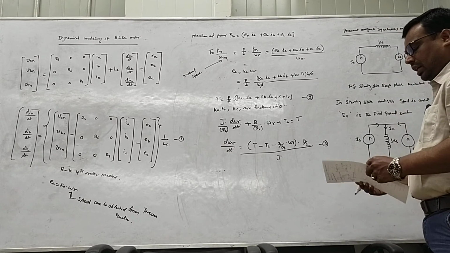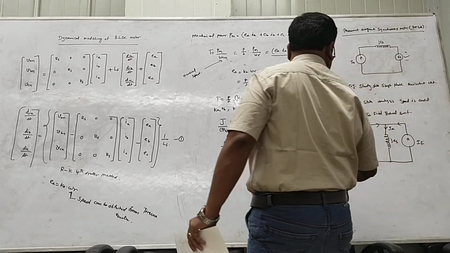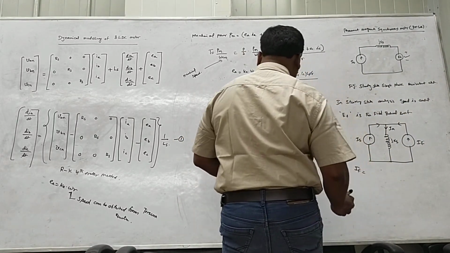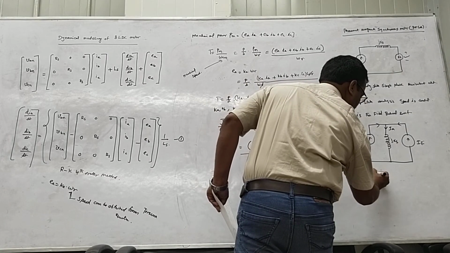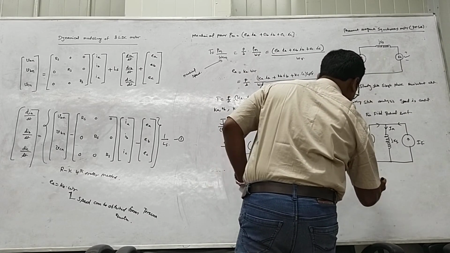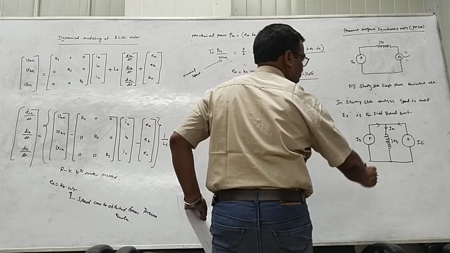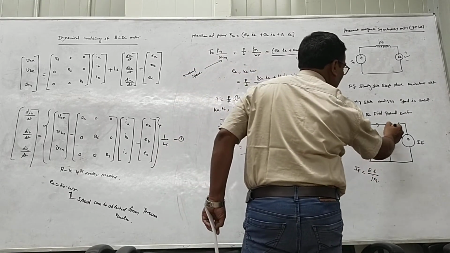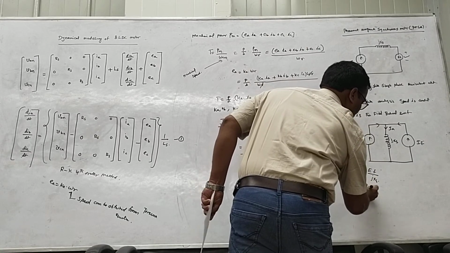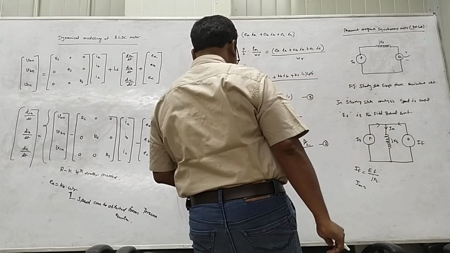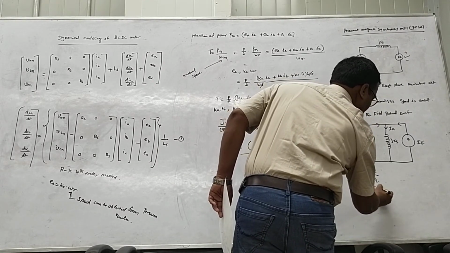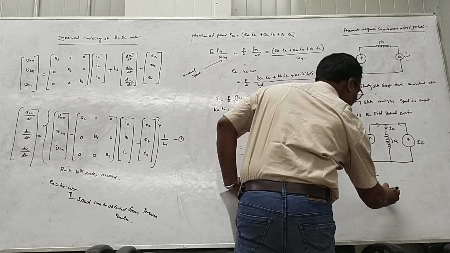From this diagram, your field current If is equal to Ef divided by j Xs. Also, if you apply Kirchhoff's current law, the magnetizing component of current Im is the phasor sum of Is plus If.